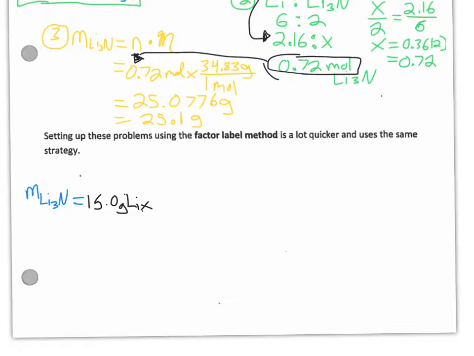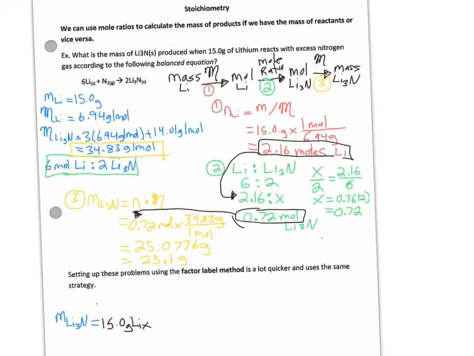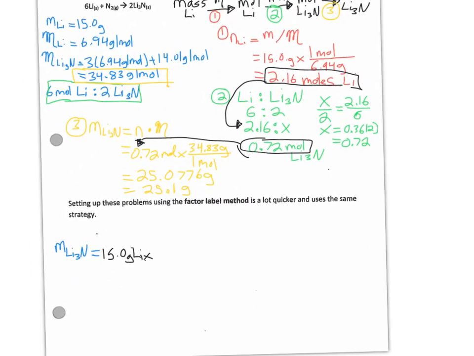And we know that we need to take that mass and convert it into moles. So we're going to do the red step first. So I'm going to convert our mass to number of moles using molar mass. We're going to go in 1 mole of lithium. We have 6.94 grams of lithium.